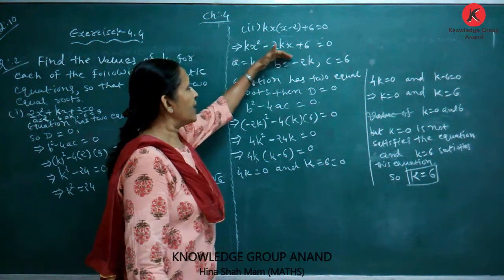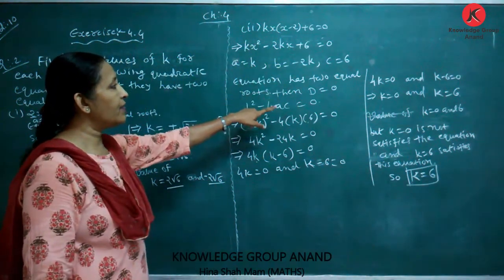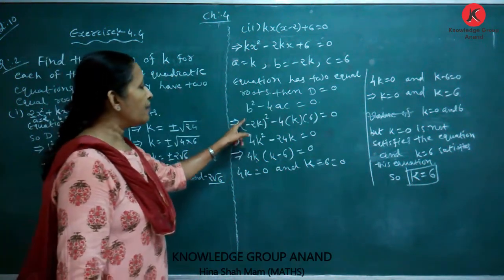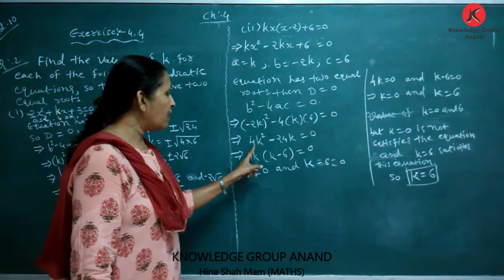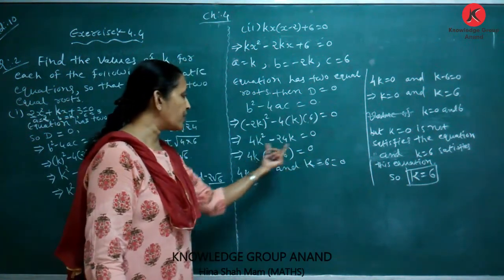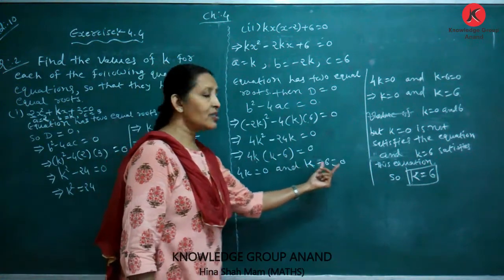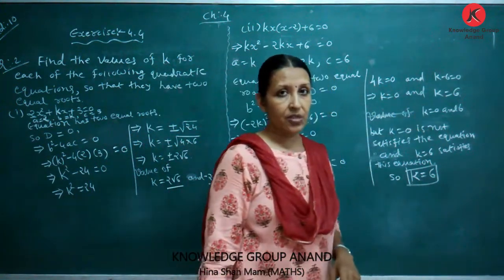Again, kx square minus 2kx plus 6, roots are equal, therefore D is equal to 0. b square minus 4ac is equal to 0. We get 4k into k minus 6 is equal to 0. 4k equals 0, k minus 6 is equal to 0. k is equal to 0 and k is equal to 6.